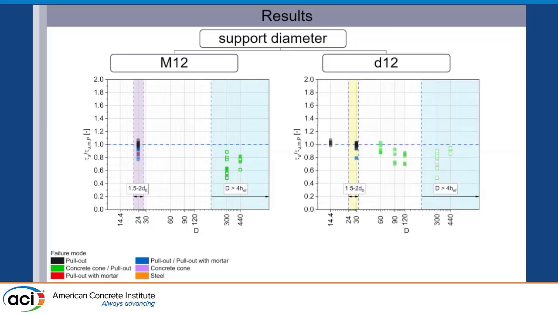For the support diameter, for the reinforcing bar D12, in this case, more diameters were studied. We start at the beginning with 14.4 millimeters, which is 0.24 times the h_eff.